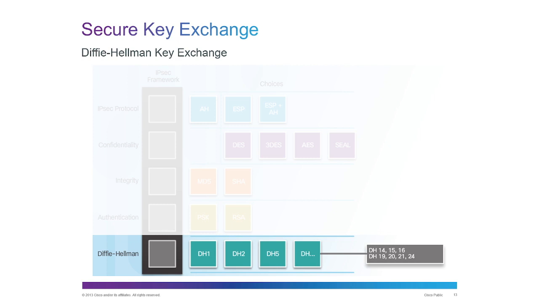When I need to establish a secure connection with you, I will be starting at a point where we don't have a secure connection yet. Only after it is established will we be able to say, okay, now we have a secure connection. So how do we go about establishing that secure connection from a point where we don't have one? That is where we have key exchange protocols.